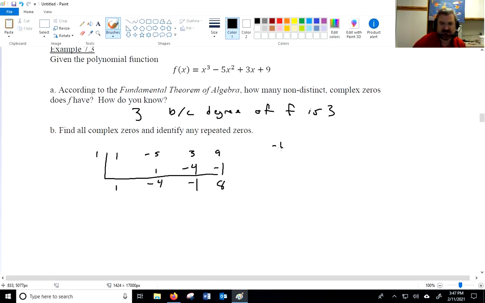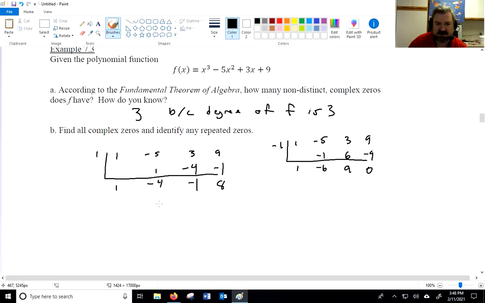Let's try negative 1. Negative 1 also divides 9. So 1, negative 5, 3, and 9. So negative 1 is negative 6, and then that would make that 6 plus 3 is 9. That makes that negative 9 and 0. All right, cool. So we know that negative 1 is a 0 and x plus 1 is a factor.